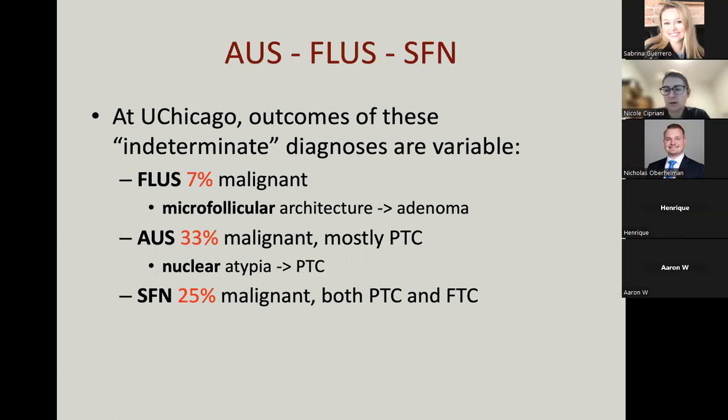Usually these end up being adenomas. The AUS, the nuclear atypia, and the very cellular follicular neoplasm smears end up being a 1/4 to 1/3 malignant, ranging from some kind of papillary thyroid carcinoma to even potentially a follicular carcinoma. So just to keep in mind what this means for the patient when you're counseling them.